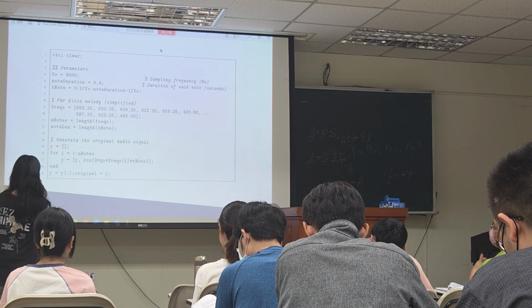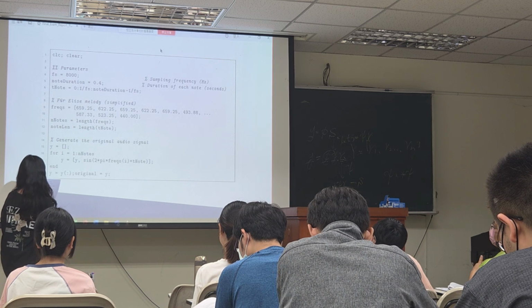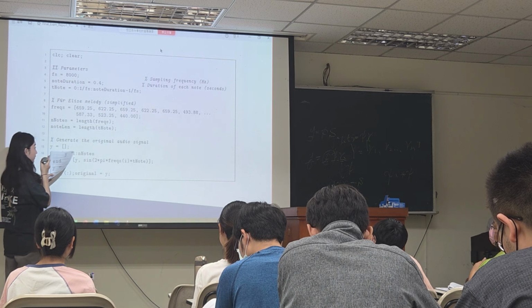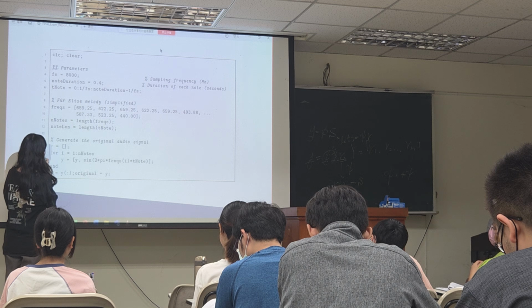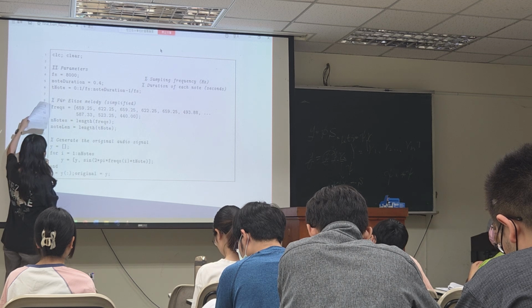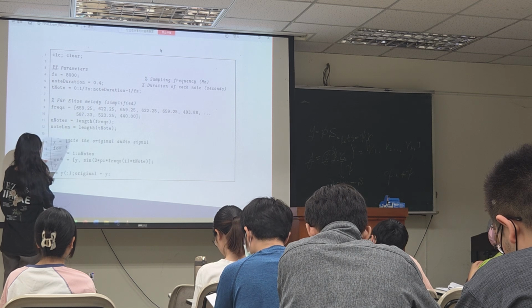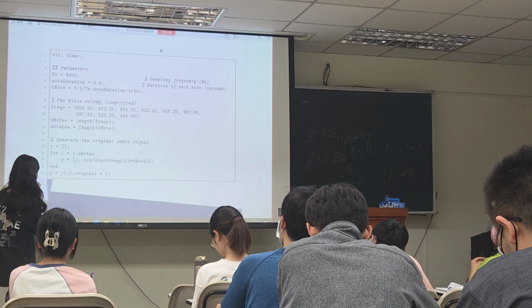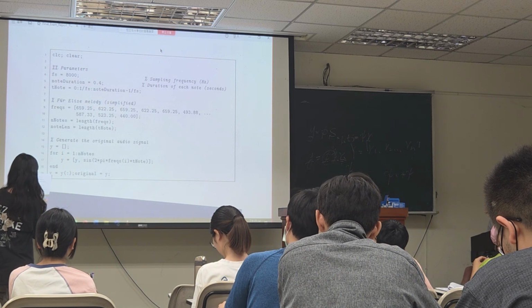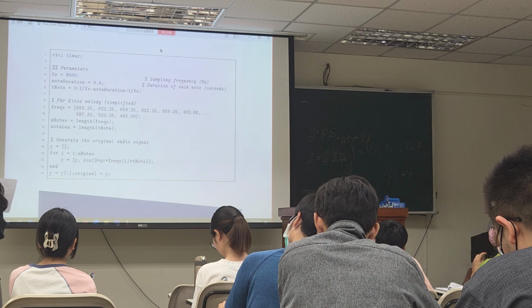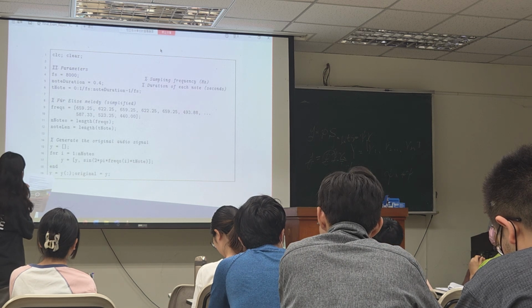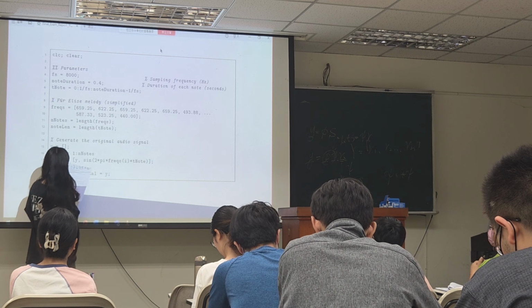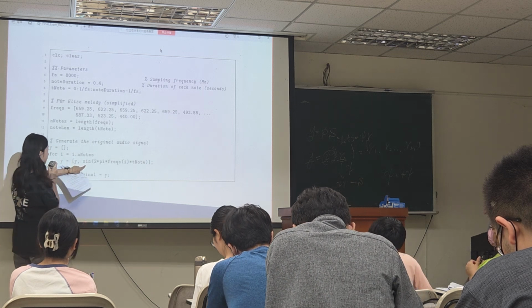Let's look at the code. We use MATLAB, and we use the famous melody, Fur Elise. We use frequency to represent a pitch, and then we convert it into a sine wave.